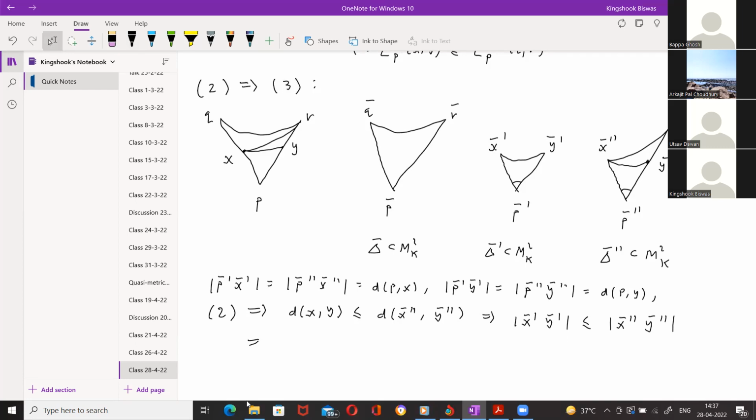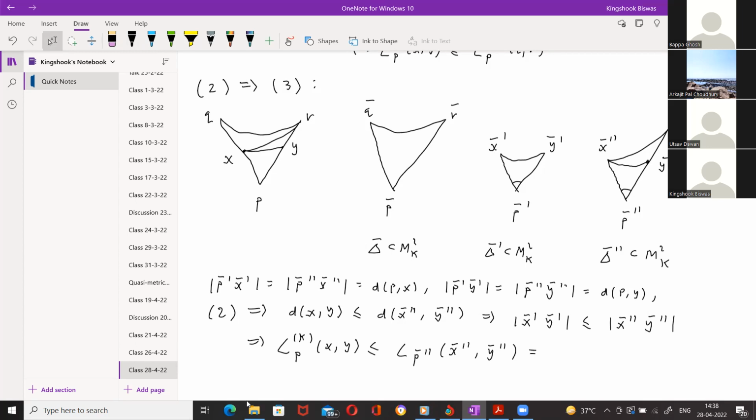Therefore, I get that the angle kappa PXY is less than or equal to the angle at P bar double prime between X bar double prime and Y bar double prime, right? Is this clear? Yes? Right?